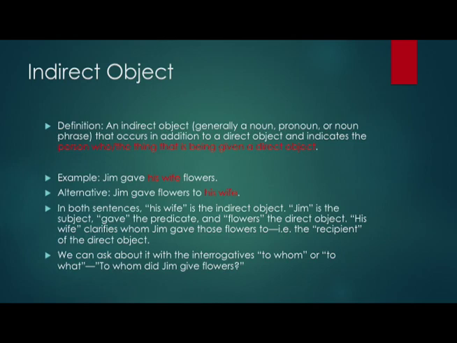So that's why his wife is the indirect object, the recipient of the direct object, the flowers here. Okay? So here we could ask about that with the interrogatives to whom or to what. So in this case, to whom did Jim give the flowers? The answer is Jim gave the flowers to his wife, or Jim gave his wife the flowers.